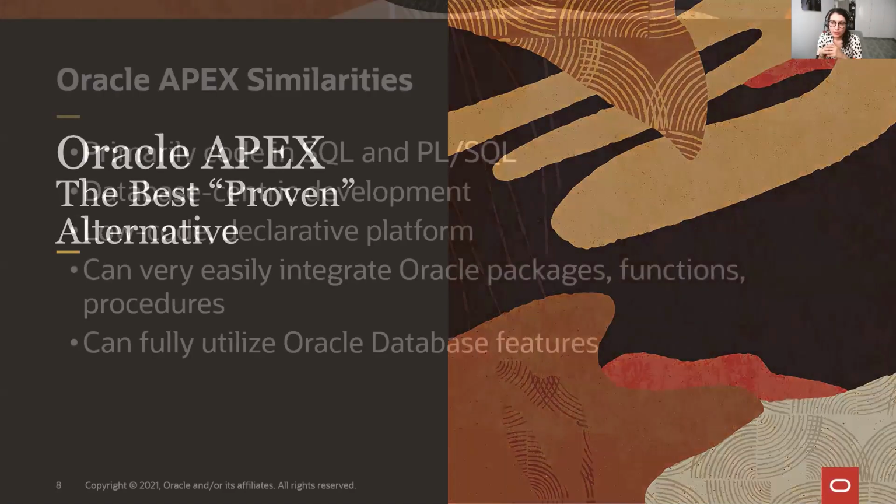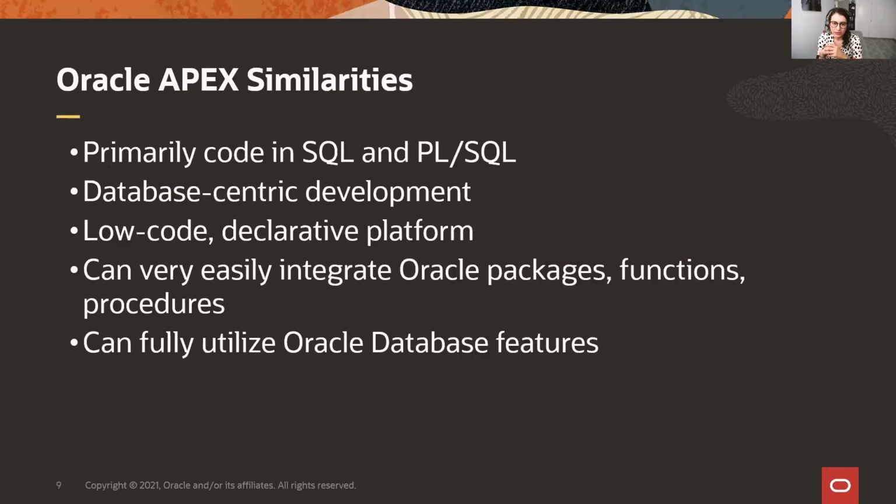Okay, so the first similarity is the language. The language for Apex today is SQL and PL/SQL. But beginning with Oracle Database 21c, the server-side language can also be JavaScript, which is natively supported in Apex.